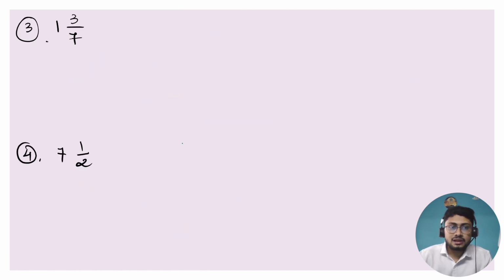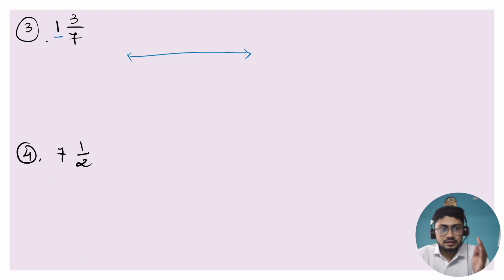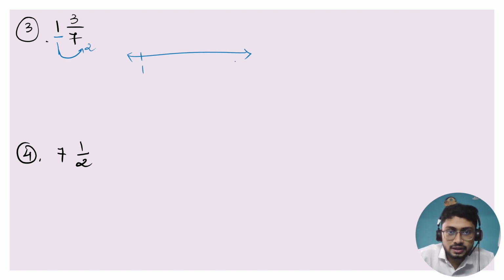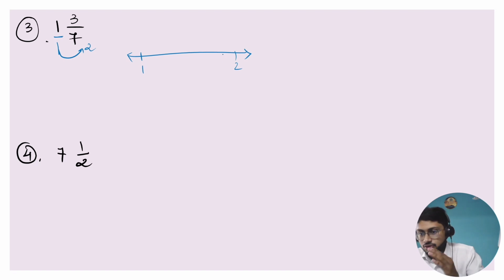Always. So now back to the original question. How are we going to represent 1 3 upon 7? First of all, between which two numbers does this number lie? 1 and the successor of 1, which is 2. So this number is between 1 and 2. How many partitions between 1 and 2?